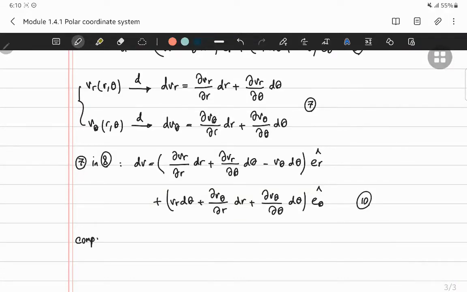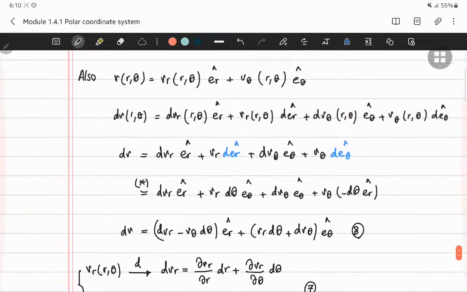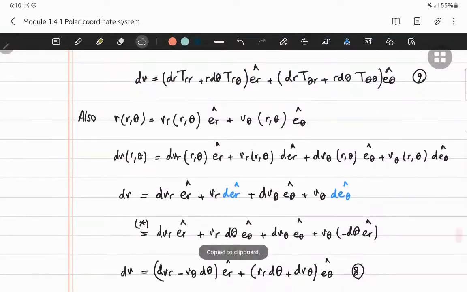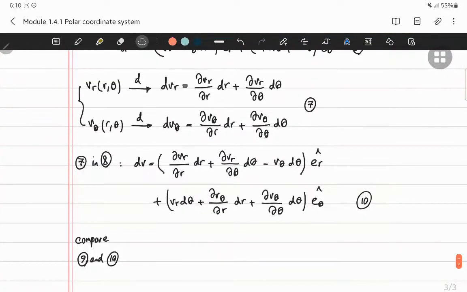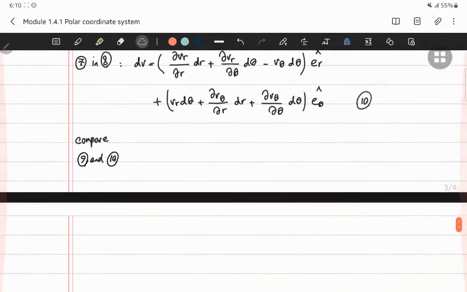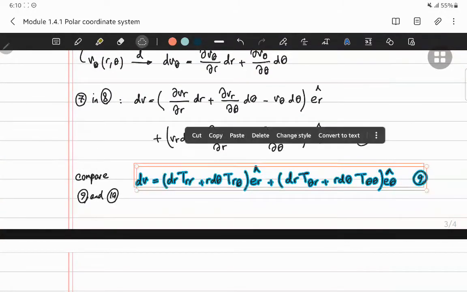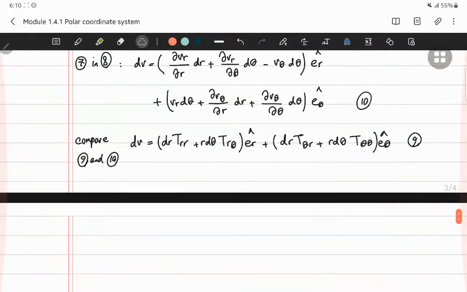So now I can compare 9 and 10. All right, so here I have 9. We just copy this and put it down here. Perfect.